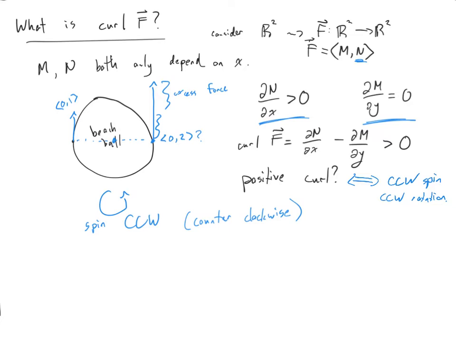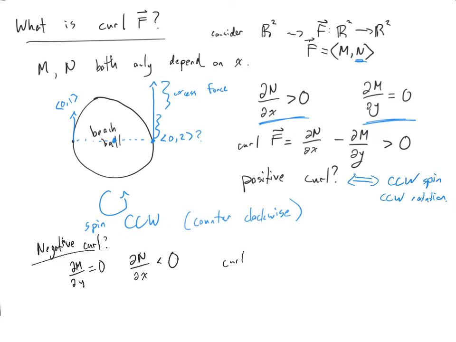And then let's also figure out what negative curl would look like. Again, if we make the assumption that dM/dy is 0, then dN/dx has to be negative in order to make this true.